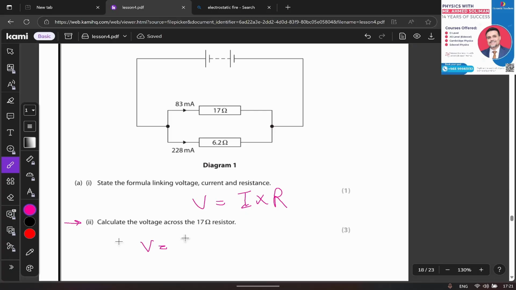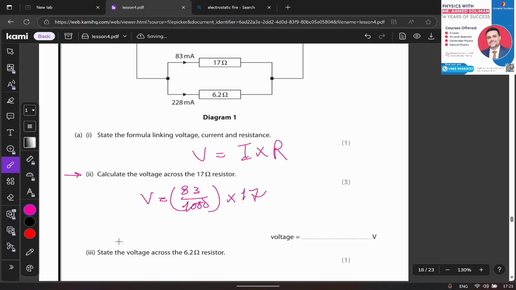Yes, perfect. Multiply by 17. So what is the voltage? 1.411 V. So it will be 1.4.